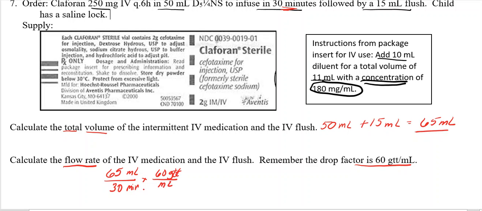Since we're already in minutes, I don't have to worry about that. My milliliters are going to cancel. 30 goes into 30 once, 30 goes into 60 twice. So I get 65 times 2, and I get 130 drops per minute.